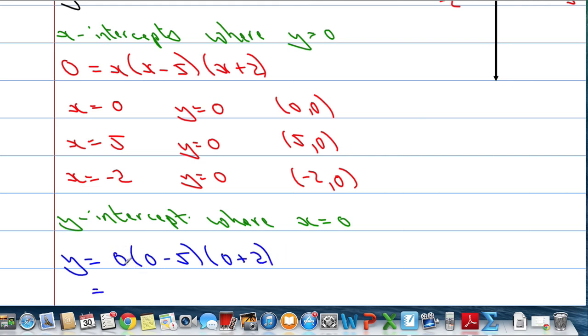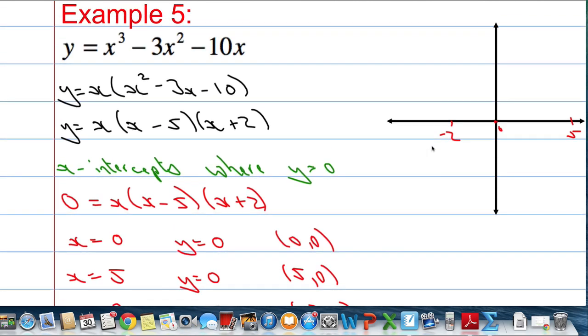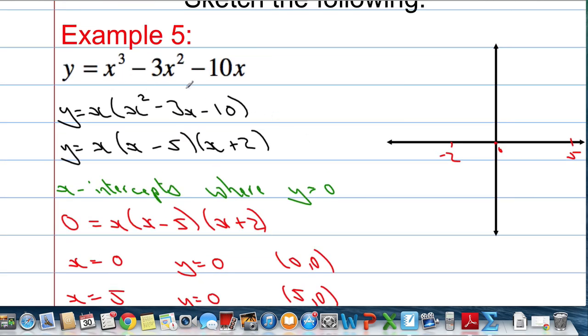And lo and behold, because that part is 0, that means the rest will be 0. So the point is 0, 0. So fairly straightforward. You could see it there. The y-intercept was already given. Okay, last thing to do, decide on the shape.